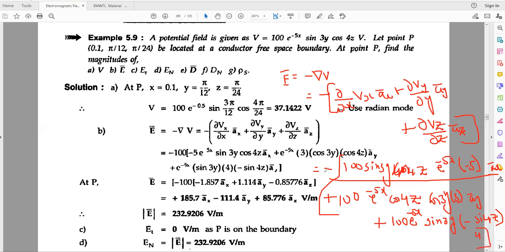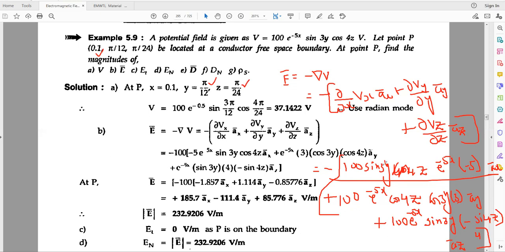This totally is multiplied with a minus. This is the Az bar coefficient. Okay. Simplify the function by substituting the values of x as 0.1, y as pi by 12 and z as pi by 24.